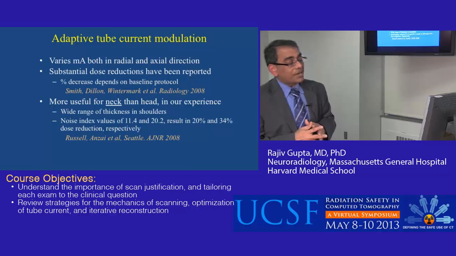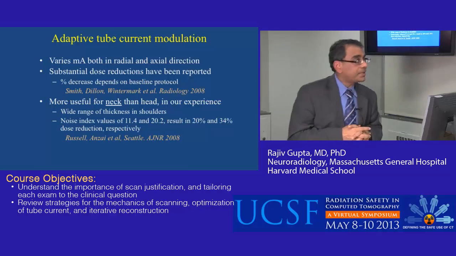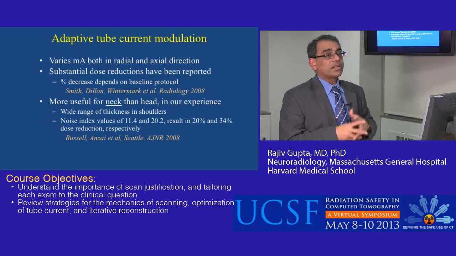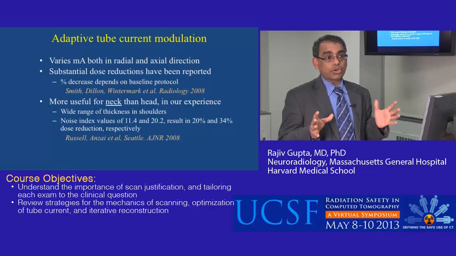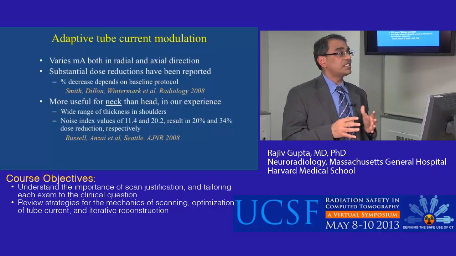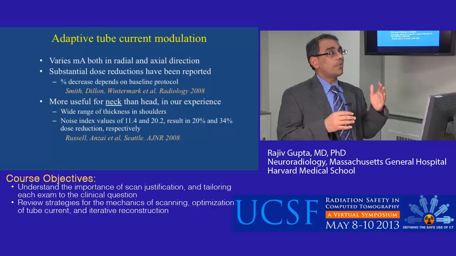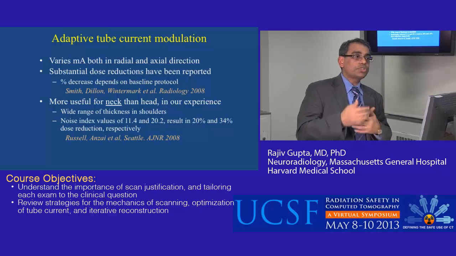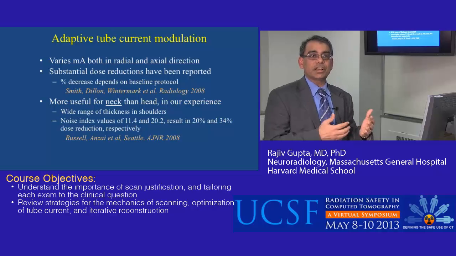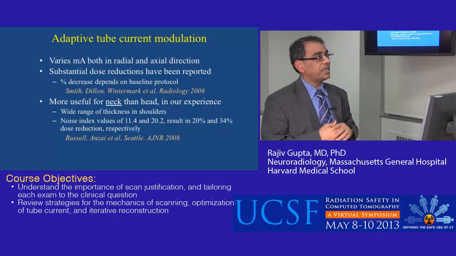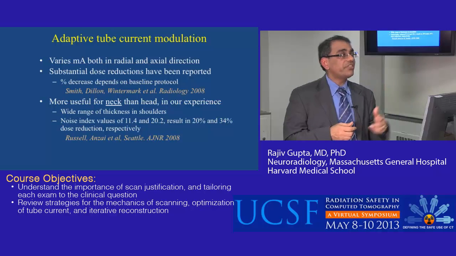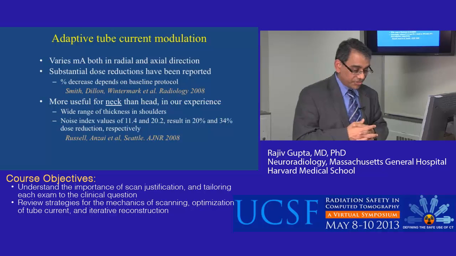The next thing that I would like to emphasize is the use of adaptive tube current modulation. Okay. Tube current modulation is available on all modern scanners, and what it does is it tries to modulate the current in proportion to how much attenuation there is along the path of the X-ray beam, and it can vary the tube current both in the radial direction as well as in the axial direction.